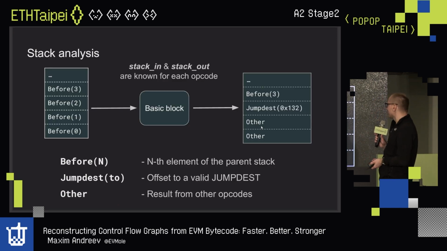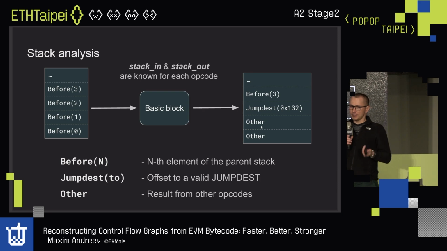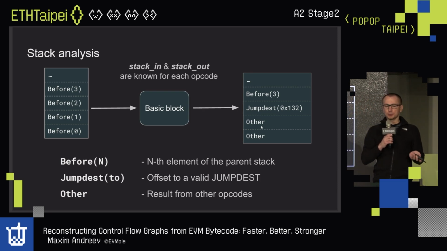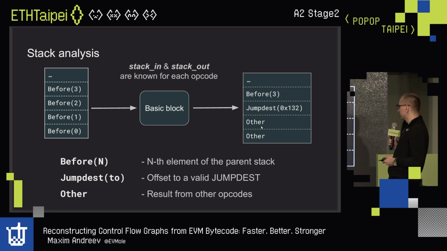Let's start with the description. The first part is the stack analysis. As you may know, EVM is a stack-based machine, and every opcode interacts with the stack, memory, and storage. Here we'll take a look at the stack. I introduce three types of stack values. The first is symbolic: before n, the nth element of the parent stack.